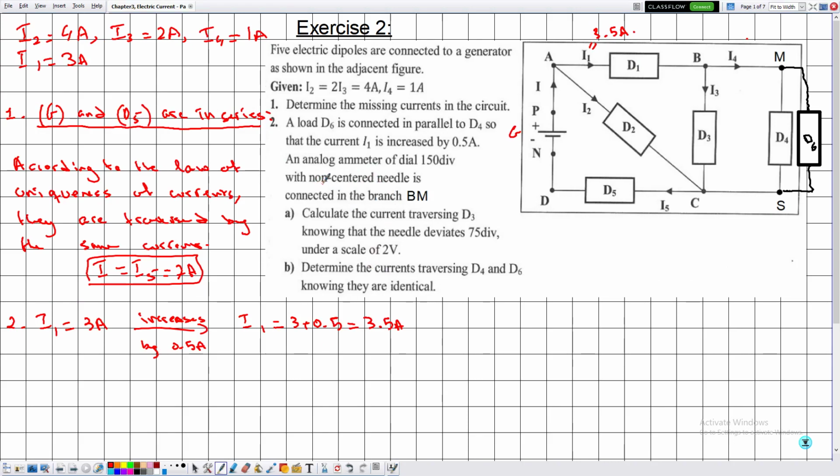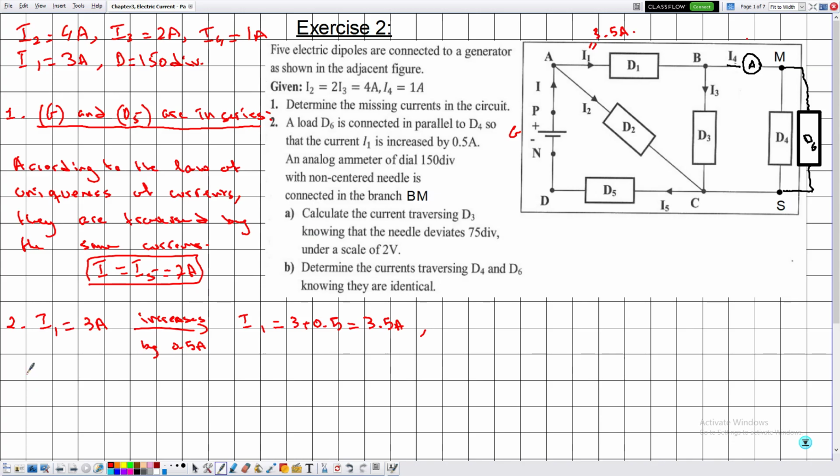And they are telling me an analog ammeter of dial 150 divisions, with non-centered needle, is connected in the branch BM. Then here we have an ammeter. Okay.